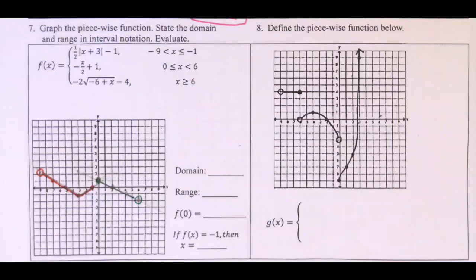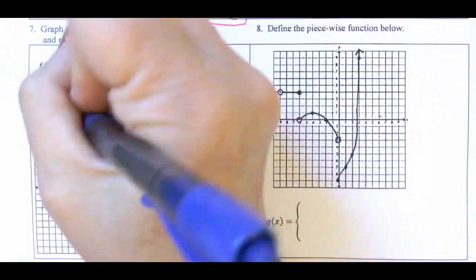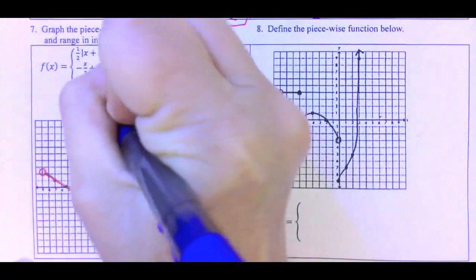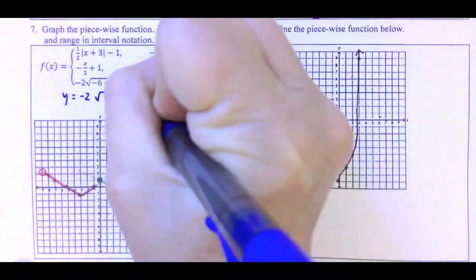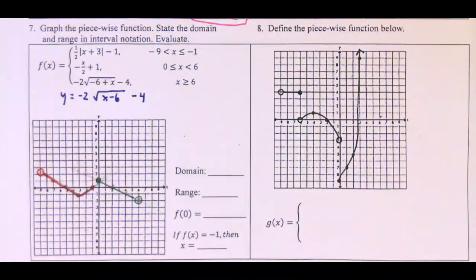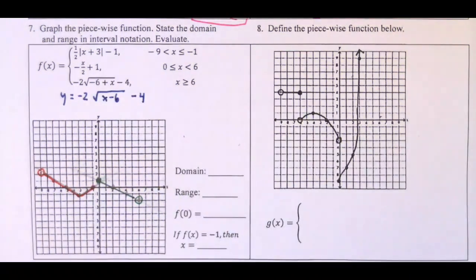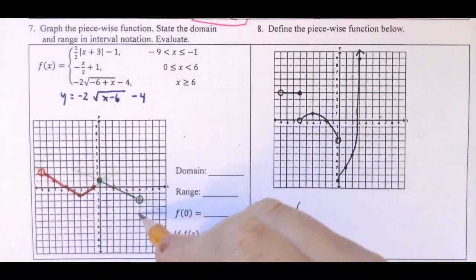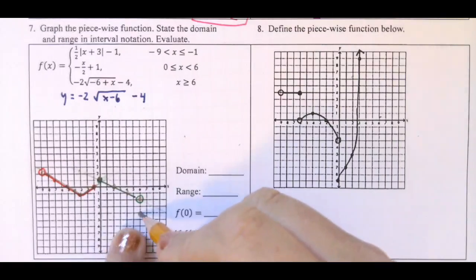Okay, and then lastly, this one I need to actually visualize. So this would be on its own, y equals -2 square root x minus 6. I just have to shuffle it so I can see it clearly, where it's a square root function, right 6 down 4, right 6 down 4, so right here.